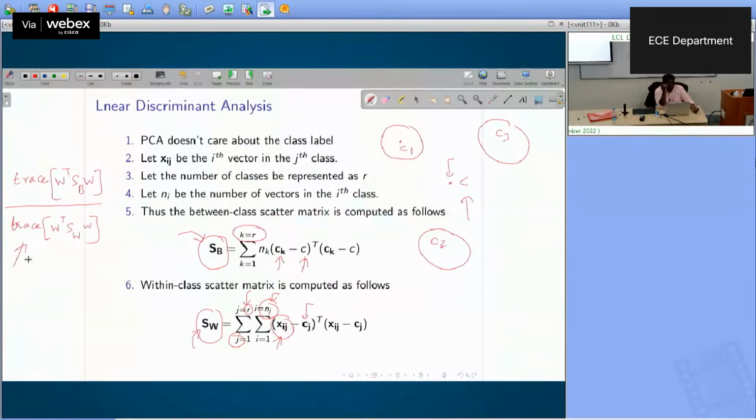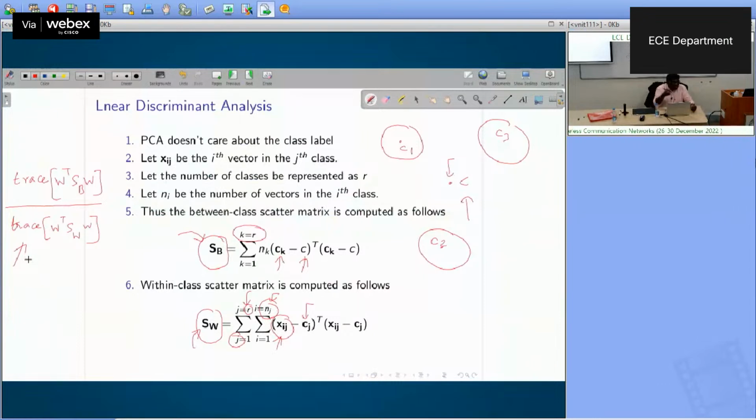After computing W transpose SB W, what is there in the diagonal? It is nothing but the variance of the individual elements. You want these variances, computed with all the vectors after projection, to come close to each other.